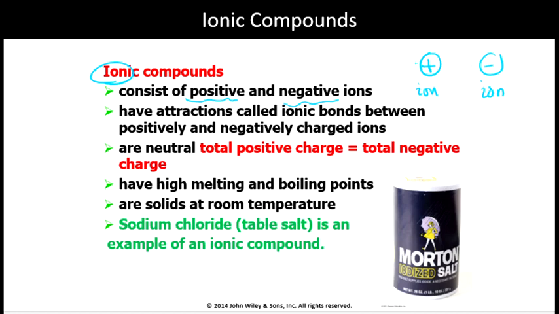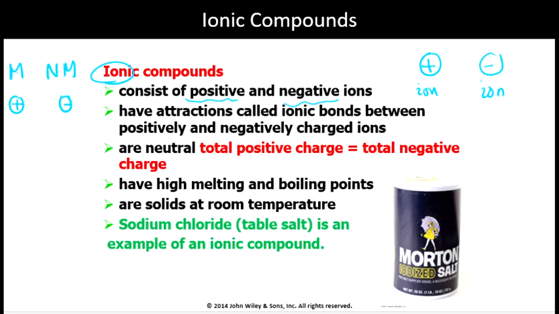So you may have this new definition. The first definition we had was if we have metal and non-metal. The second definition we have for ionic compounds is positive ion and negative ion. In the next slide, you are going to find the relationship between positive ions and metals, negative ions and non-metals.